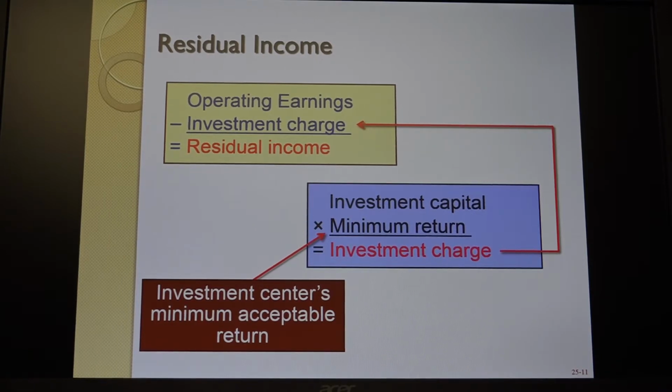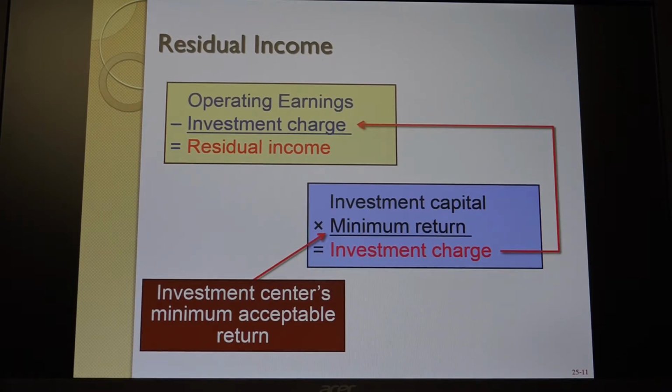Without the project, you've got 210,000 minus 10% times 1,400,000 equals 70,000.